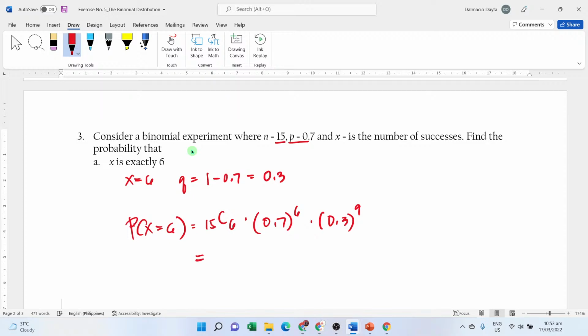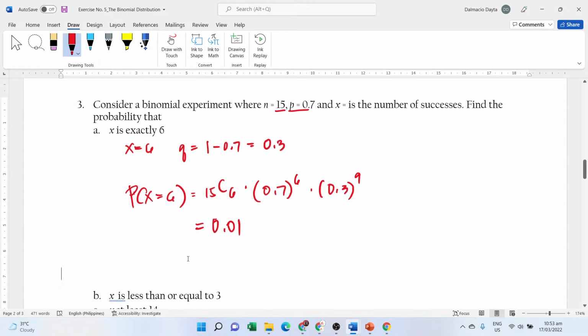Practice using your calculator para kapag tayo nag-exam na, mabilis lang kayo mag-solve. 15 combination 6 times 0.7 raised to 6 times 0.3 raised to 9, the answer is 0.01. Actually, it's 0.0116. Two decimal places, 0.01. Hanggang dyan na lang tayo. Accepted.